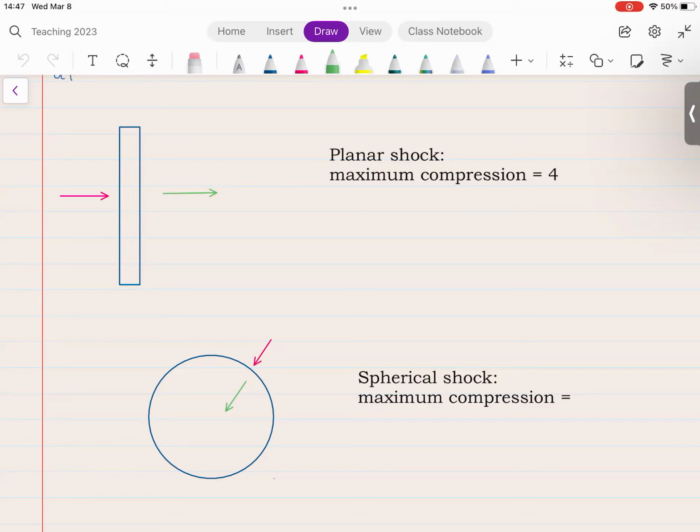Pause and try to guess what the number is going to be. It's actually almost 10 times as much. Well, 8 point, you do the math, but it's a factor of 33 instead of a factor of 4.